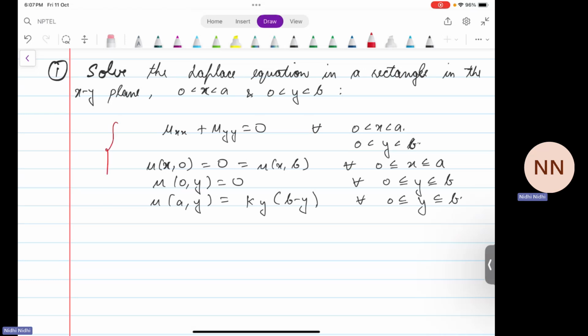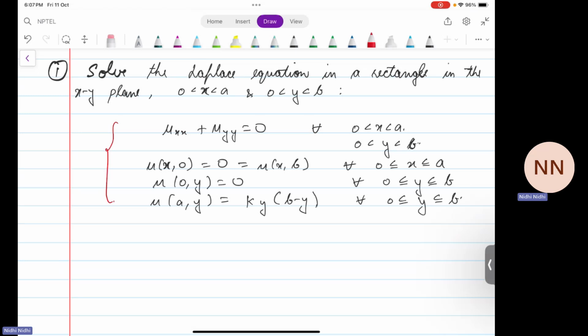So as we were doing earlier in the case of heat equation and wave equation, we'll be starting with a function u of x, y of the form X(x)Y(y), so that we can use the method of separation of variables, and more or less we will be using the same method that we had been using in the earlier classes as well, that is for the wave equation and heat equation.